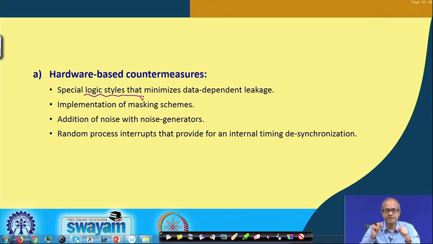So, you should use some kind of a design style where power consumption will not differ much depending on what kind of operation is going on. There are some logic design styles where data dependent leakages are less. So, it is better to use those kinds of design styles, and there is something called masking scheme.